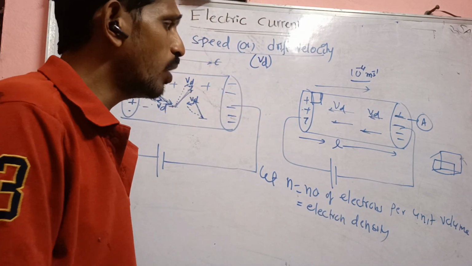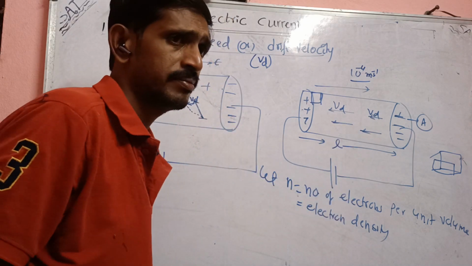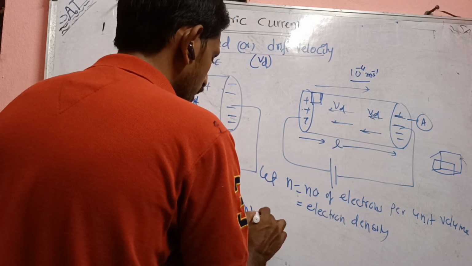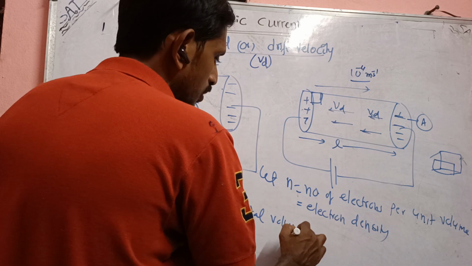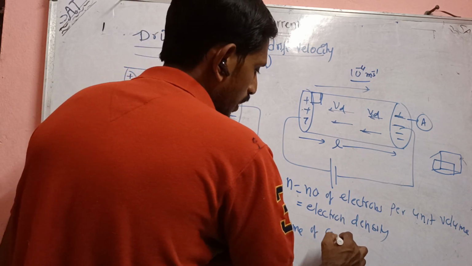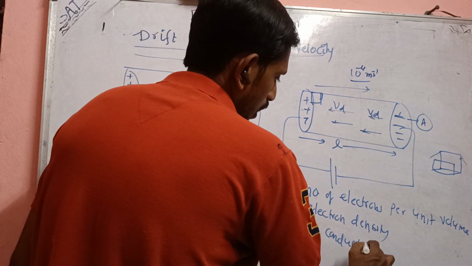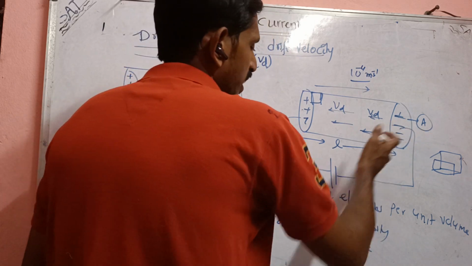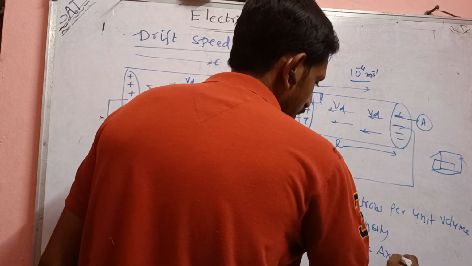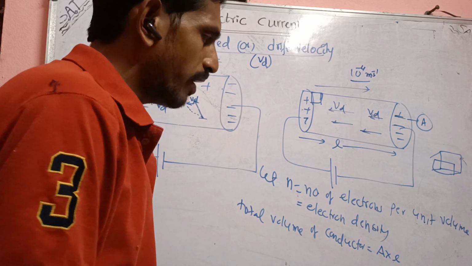Okay. Now, what is the total volume of this conductor? The total volume of the conductor is area into length of the conductor. But I need to find the total number of electrons in the total volume of the conductor. For unit volume we get n electrons, so just multiply.